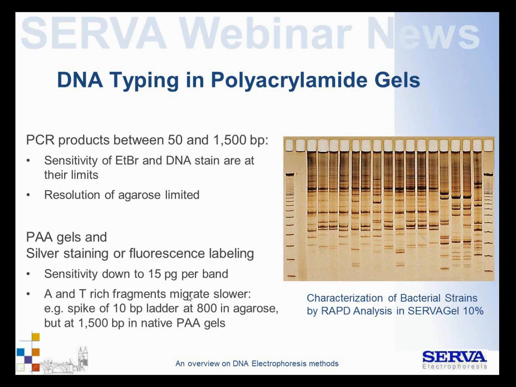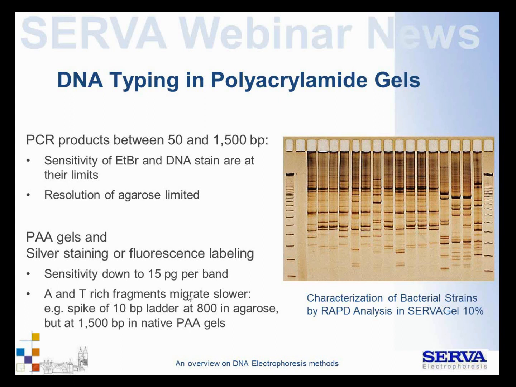One example you can directly observe is when you use a ladder which has a spike: the spike is usually at about 800 base pairs, but in a native gel it will shift to 1500 base pairs.